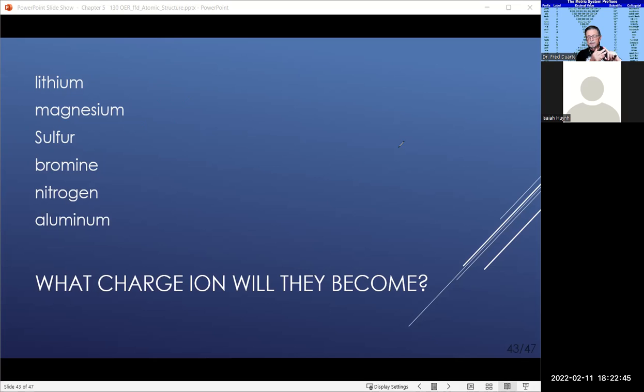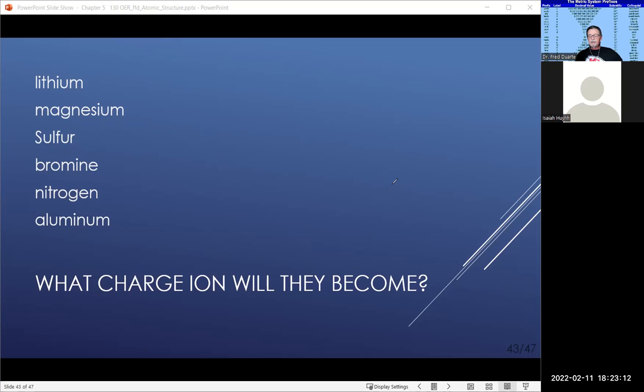Second step is identify them on the periodic table and identify the group number, because if it's a metal and loses electrons, it's going to tell you how many it's going to lose. If it's a non-metal and gains electrons, that group number will tell us how many electrons it needs to get to the 8.